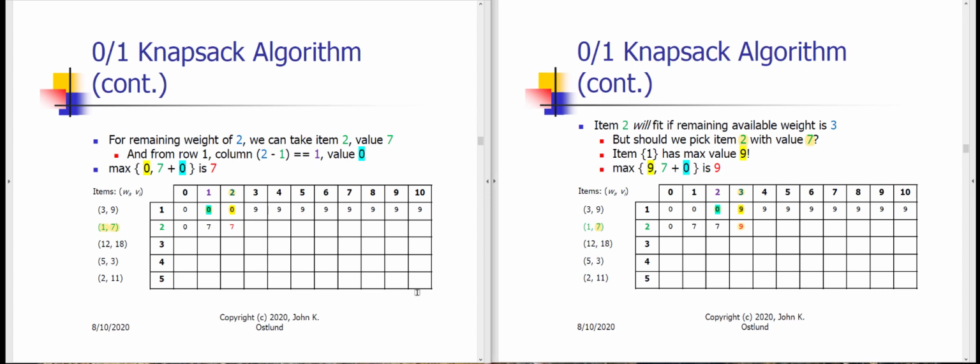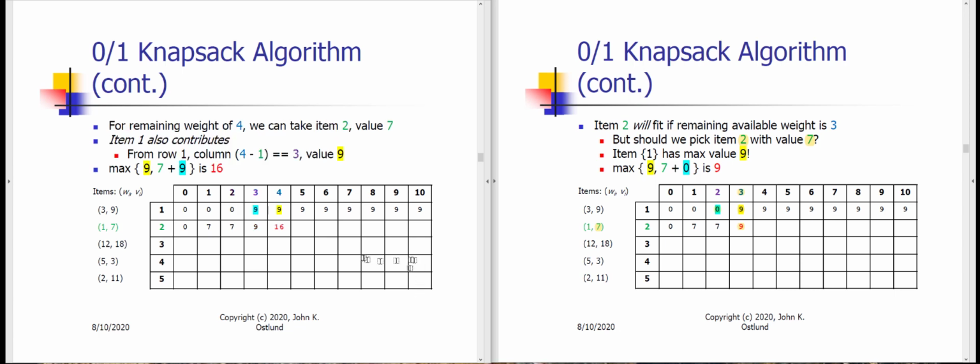Let's go on to the next position here. All right, so now we are looking at when we have 4 available weight units in our knapsack. Okay, and we have an opportunity now to use either item 2 and or item 1.